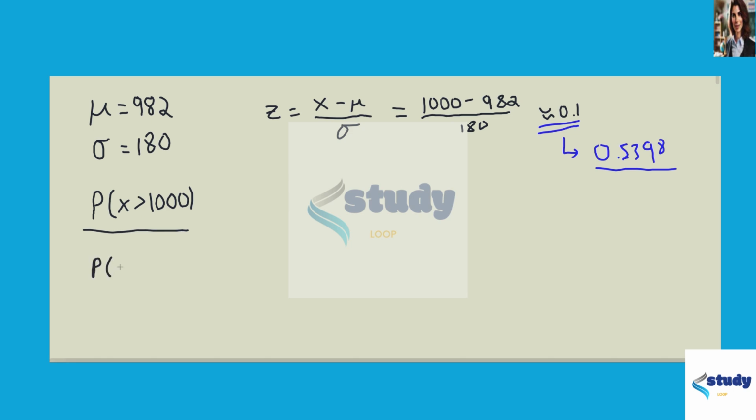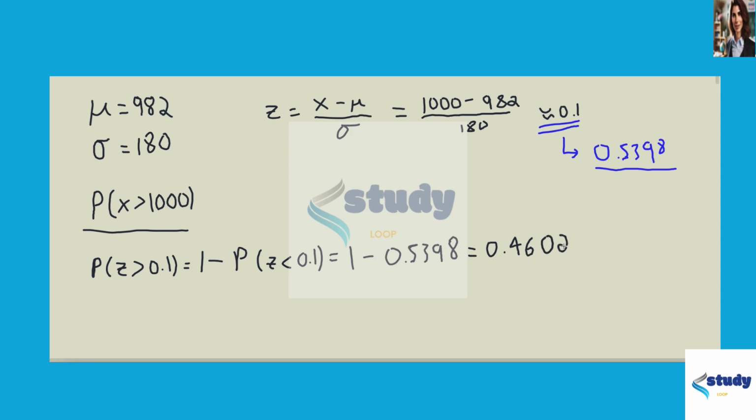So we're gonna get the probability z is greater than 0.1 is equal to 1 minus the probability z less than 0.1, which is equal to 1 minus 0.5398, which is equal to 0.4602. That's our final answer.